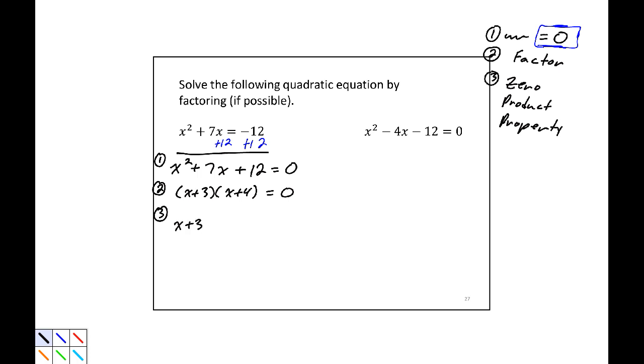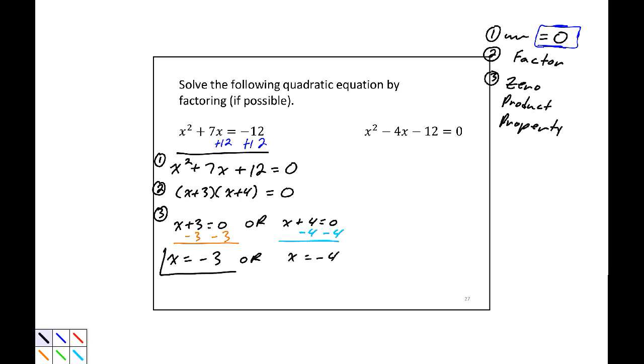So either x plus 3 equals 0 or x plus 4 equals 0, which implies, subtracting 3, that either x equals negative 3 or, subtracting 4 on this side, that x equals minus 4. Those are the solutions to that quadratic equation by factoring.